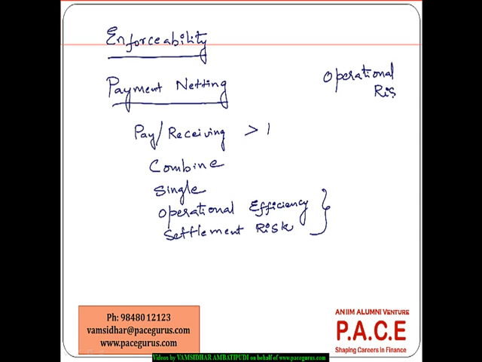The settlement risk might be eliminated to a large extent, but there is a possibility of an operational risk that can come up in the process, because we are talking about the net amount to be paid or received. So how do I really compute that net amount? There is a possibility of the operational risk cropping up in this process.